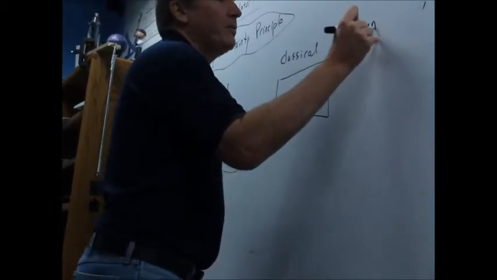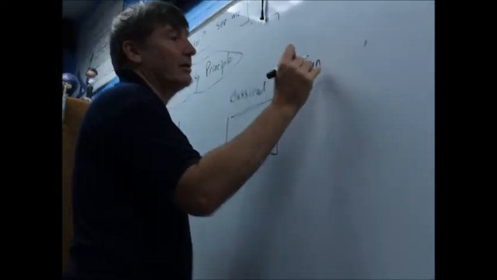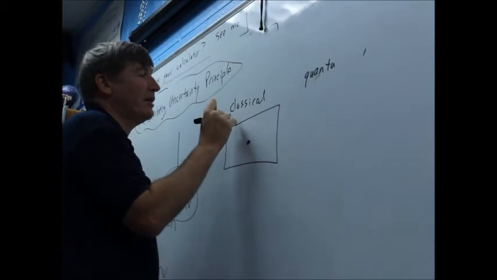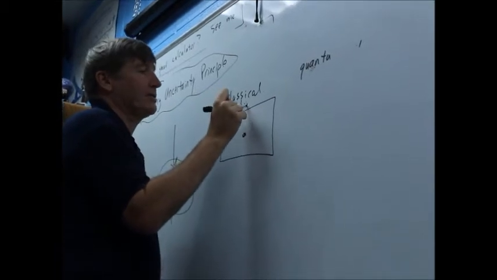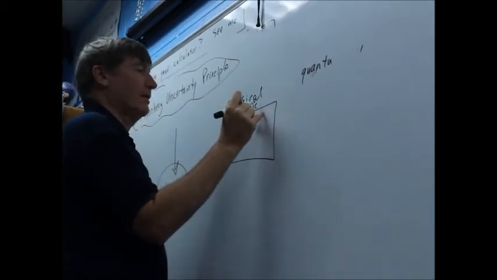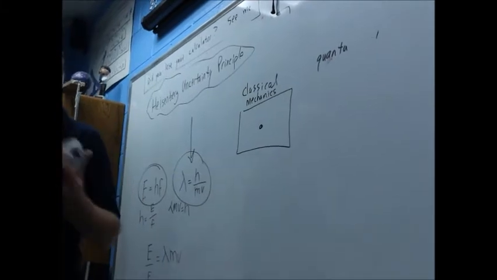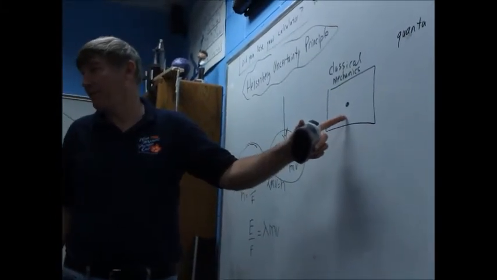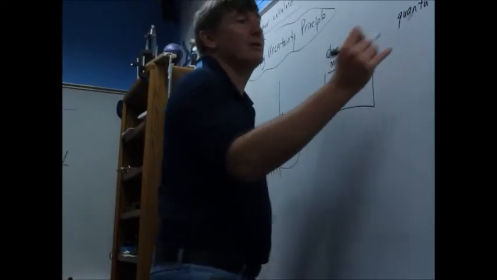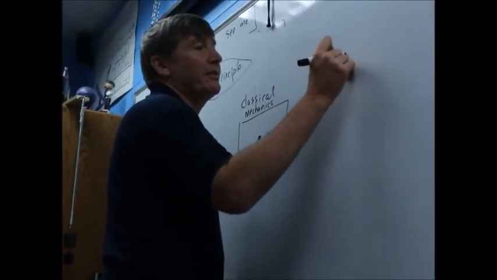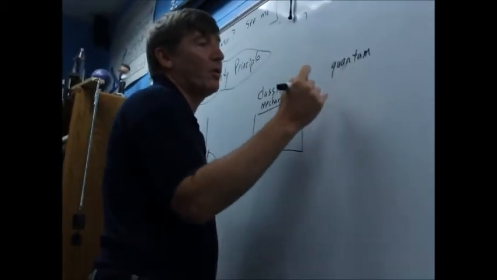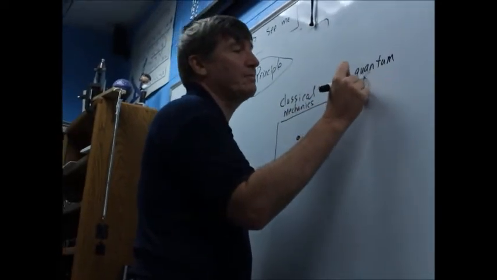But now that we know that classical theory is wrong, and by the way, let's call it classical mechanics, okay? Because mechanics is the study of moving things. So classical mechanics says that that particle cannot get out of that box. But we know that classical mechanics now is not correct. We know that now the world really runs on quantum mechanics.